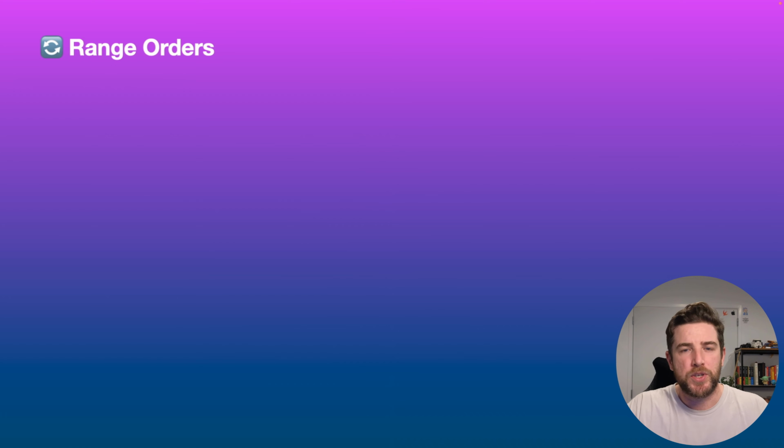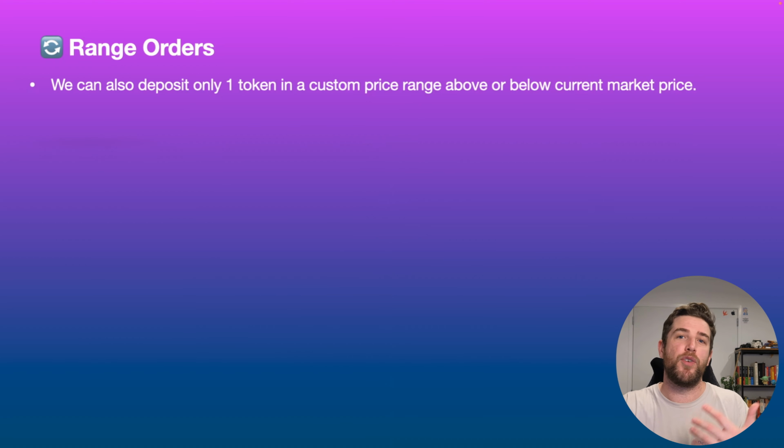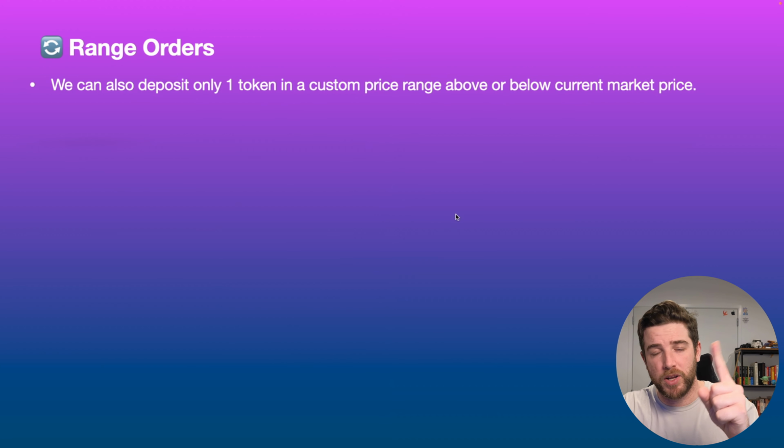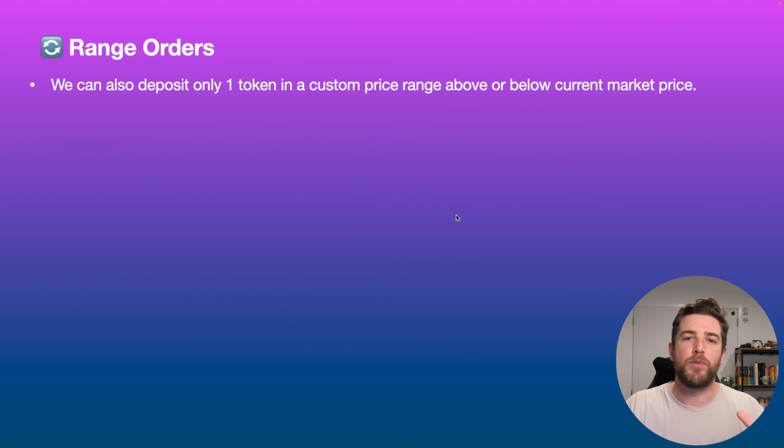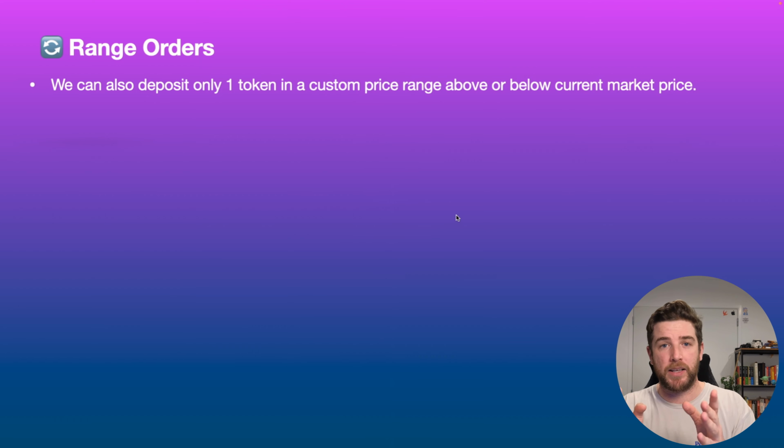Now let's move to range orders, which use the active liquidity to create a specific case for orders. We can also deposit one token in a custom price range above or below the current market price. So there is a case where you can deposit only one token, but it needs to be in a range that is above or below market price.